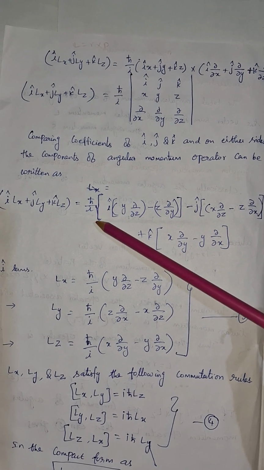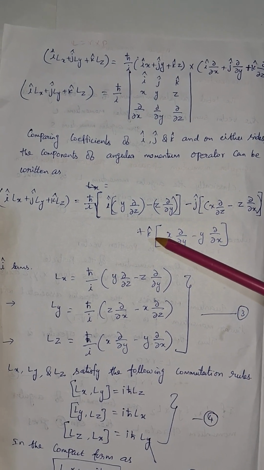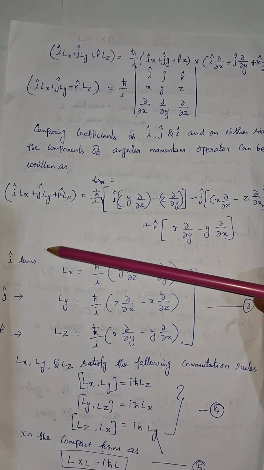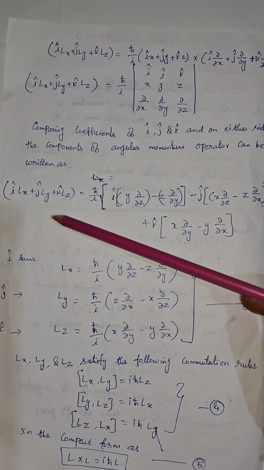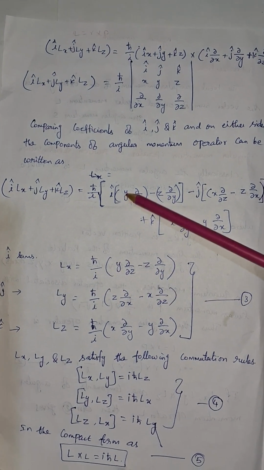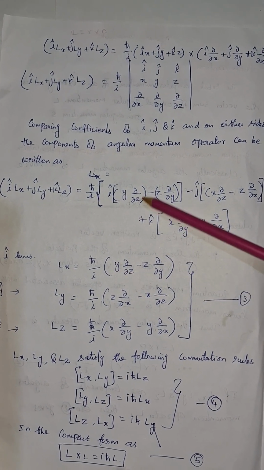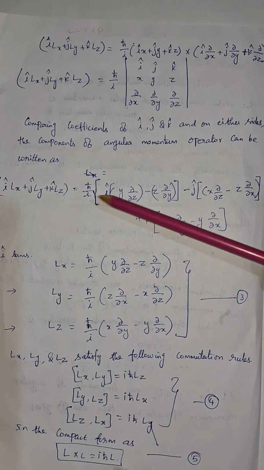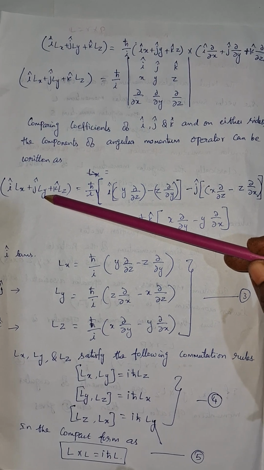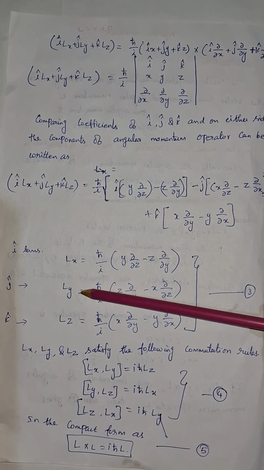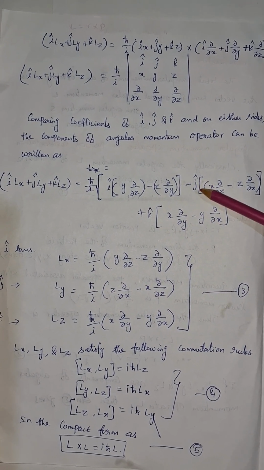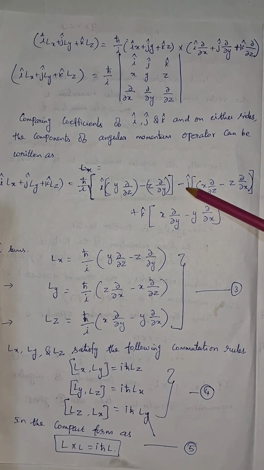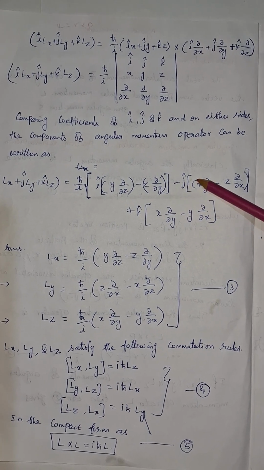Compare i, j and k coefficients on both sides of this equation. First, the i terms: the i coefficient is Lx, and here the i coefficient is h cross by i into y dou by dou z minus z dou by dou y. Then the j cap coefficient Ly is equivalent to, in front of j cap there is a minus symbol, so multiply with the minus symbol.